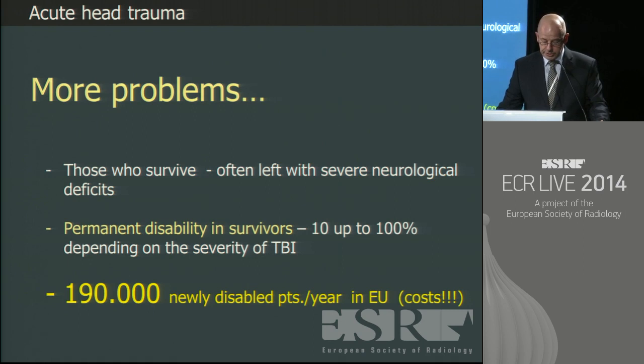In the recent literature, I found the figure of almost 200,000 new brain injury victims every year who cannot go back to social life because of the injuries, and the best example is the tragedy of the former Formula One driver at the moment in Grenoble.